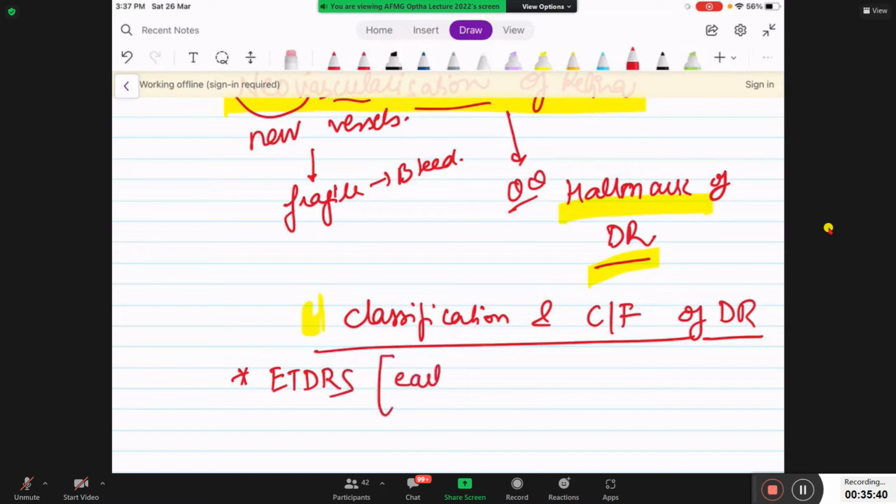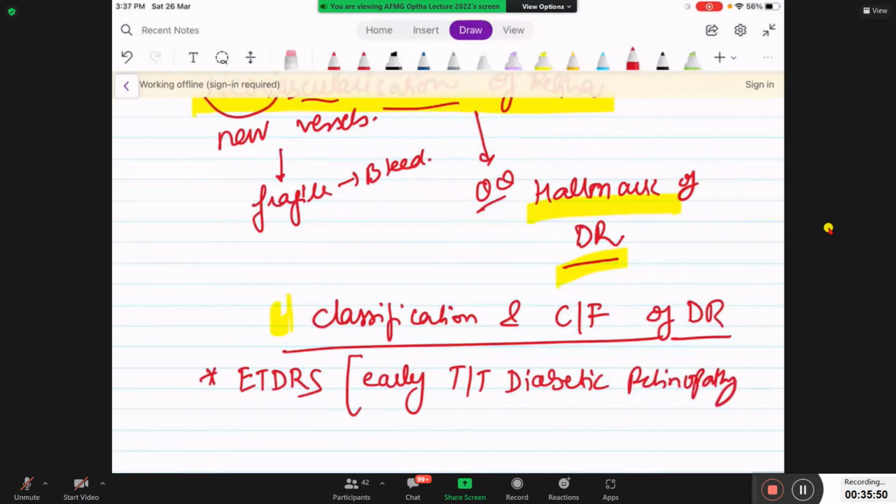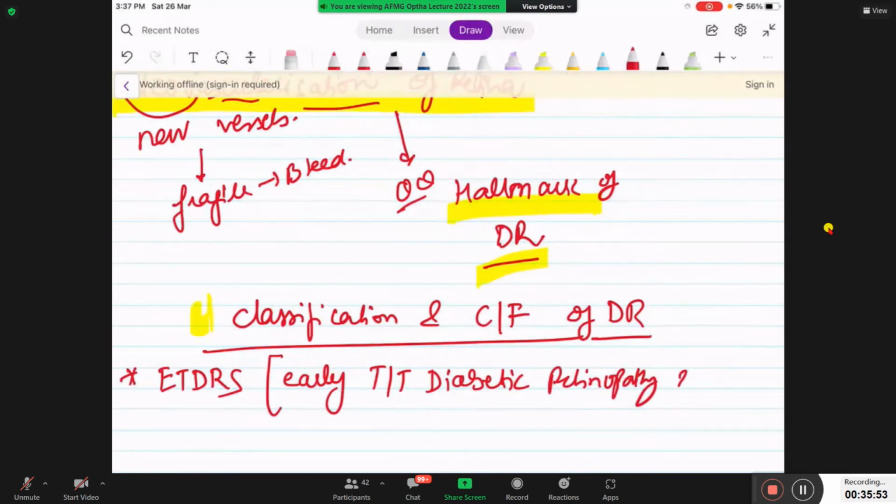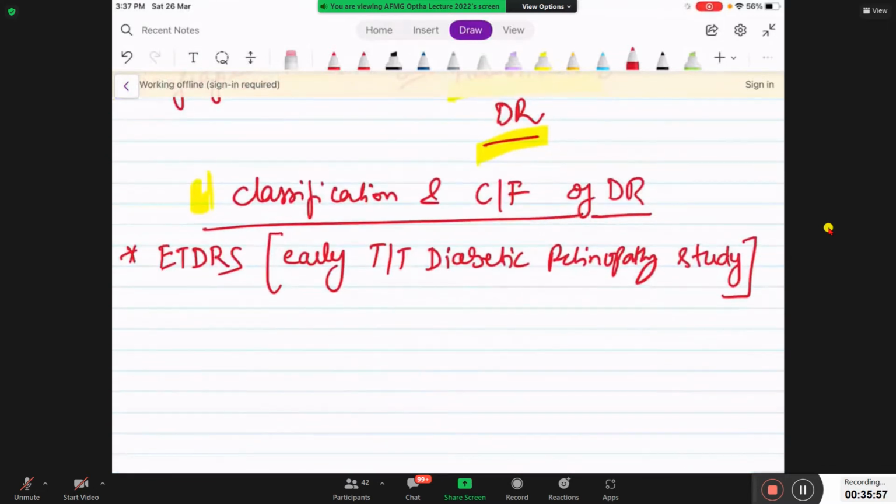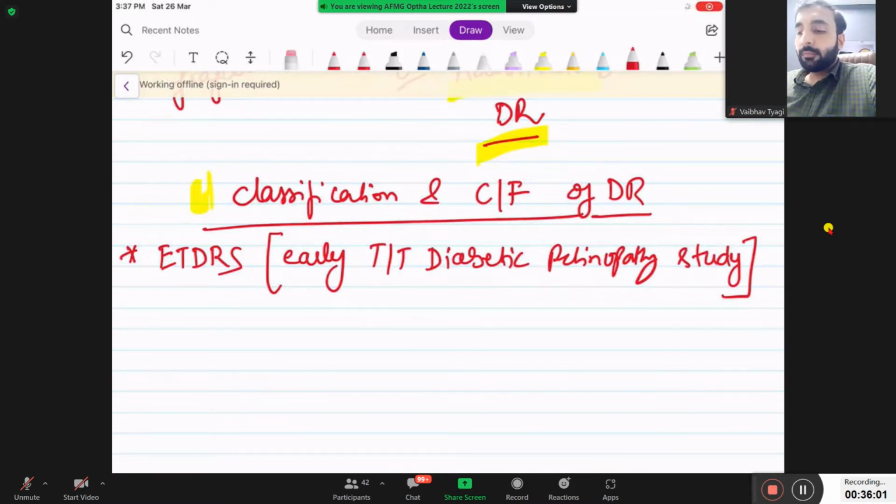The full form is Early Treatment Diabetic Retinopathy Study.